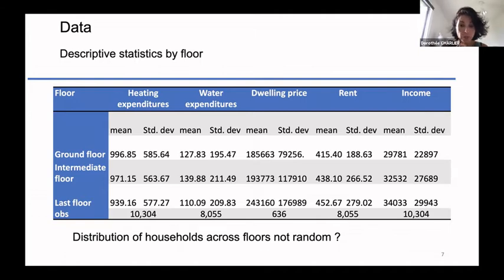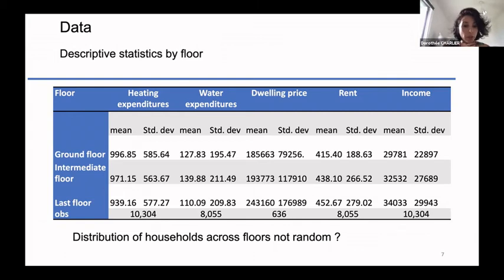We have the same type of conclusion if I look at the dwelling price. Dwellings located on the ground floor are cheaper compared to dwellings located on the last floor. That is to say, it seems reasonable to think that it's not the same profile of households that live on the ground floor compared to the other floors.